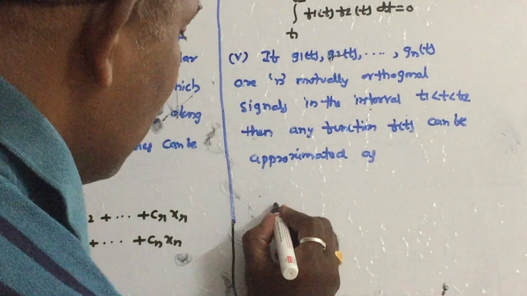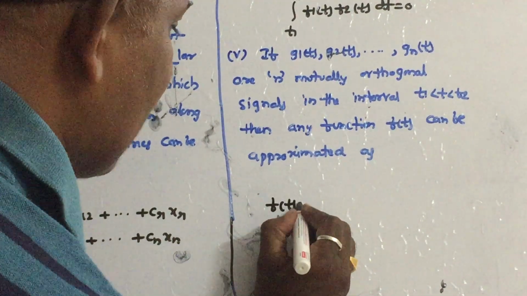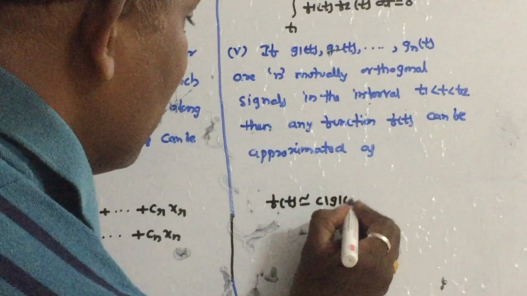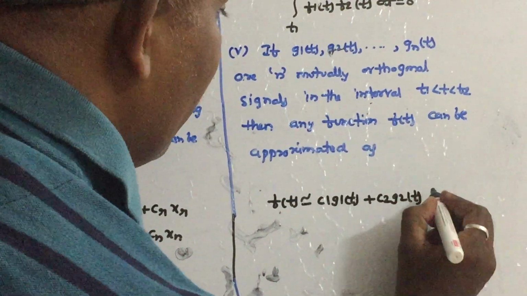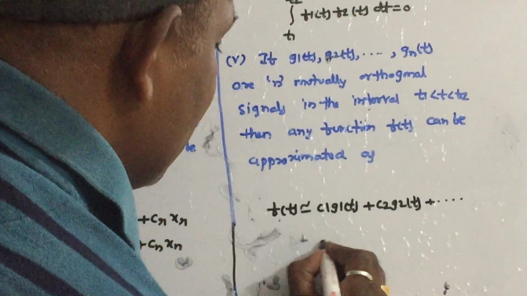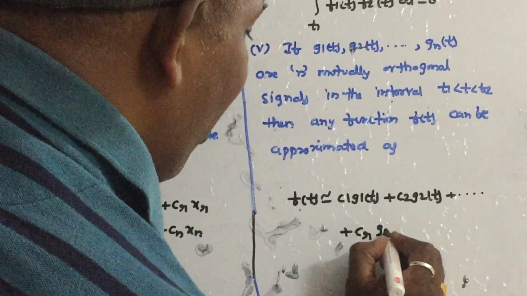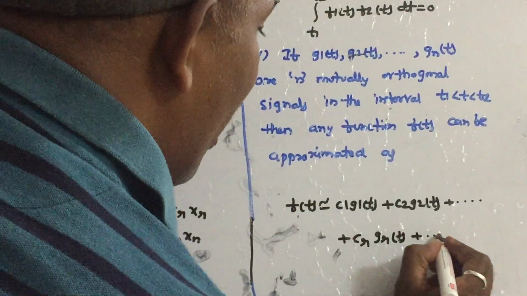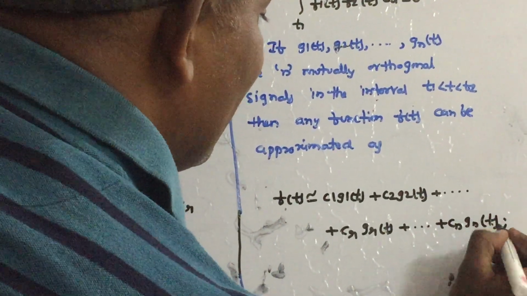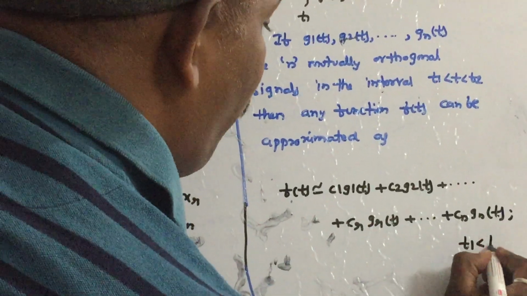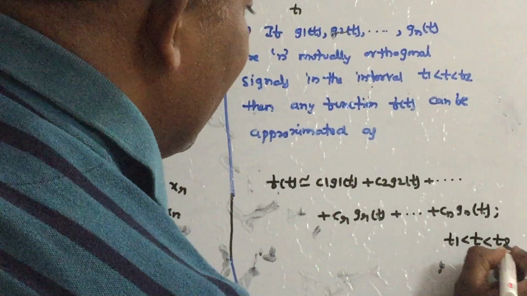Very simple formula, similar to vectors. f of t is approximately equal to c1 g1 of t plus c2 g2 of t plus so on plus cr gr of t plus so on cn gn of t. We have to clearly mention the interval in which we are approximating, t1 less than t less than t2.